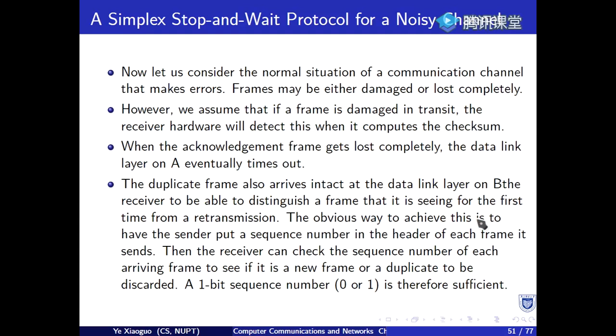The obvious way to achieve this is to have the sender put a sequence number in the header of each frame it sends. Then the receiver can check the sequence number of each arriving frame to see if it is a new frame or a duplicate to be discarded.